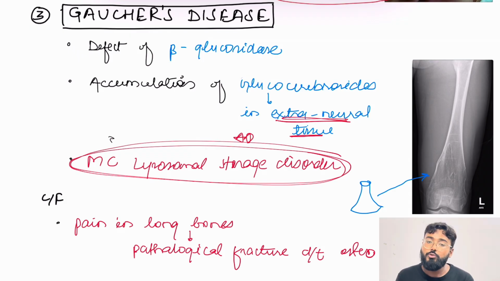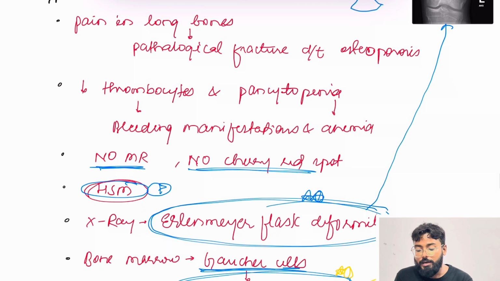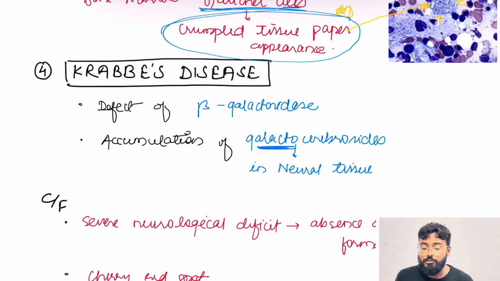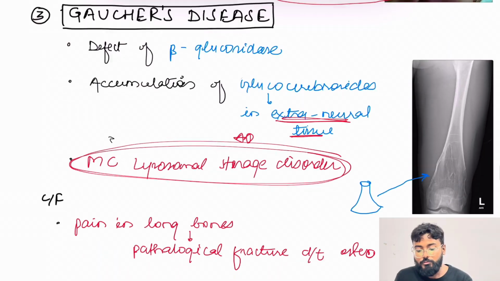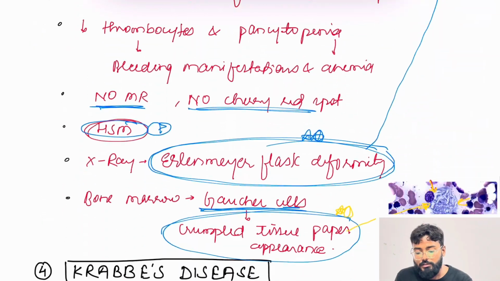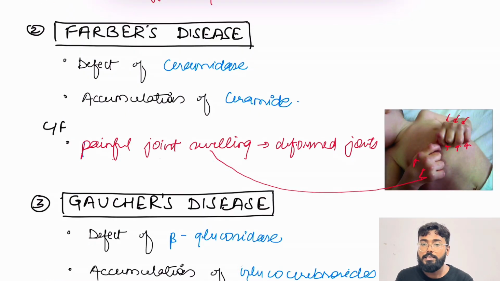Because glucocerebroside is found in extraneural tissue, you are not going to see mental retardation, but you are going to see hepatosplenomegaly. But in case of Krabbe's disease, galactocerebrosides are involved, which is present in neural tissues. So you are going to see severe neurological deficit, but no hepatosplenomegaly. So please, when you remember this, combine Gaucher with Krabbe and combine Niemann-Pick with Farber. That's how you can easily remember.